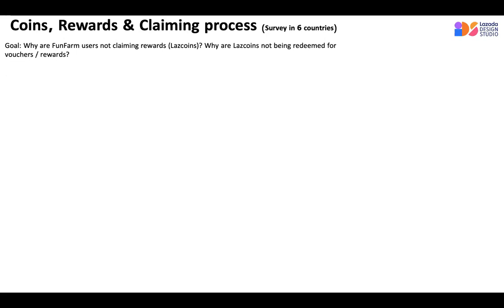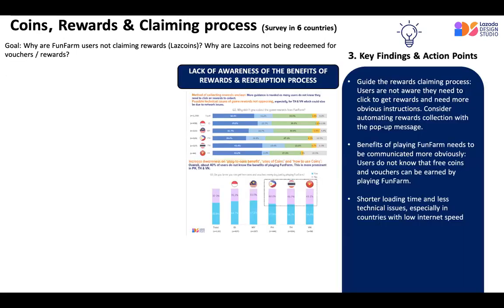It's triggered, basically. So what did we see after people went and gave us feedback in that in-app survey? There was a lack of awareness of the benefits of rewards, and also a lack of awareness about the redemption process.